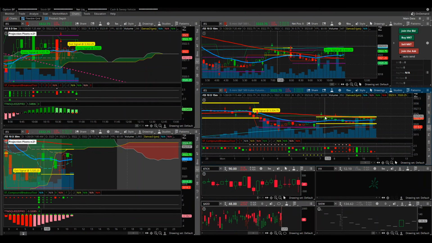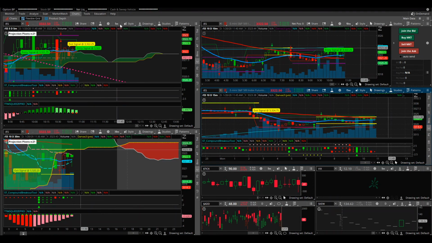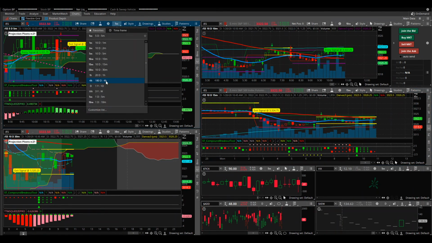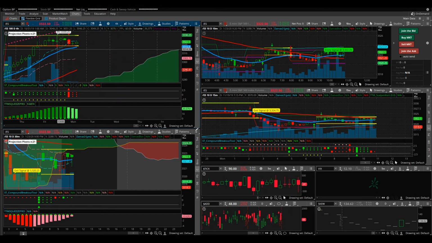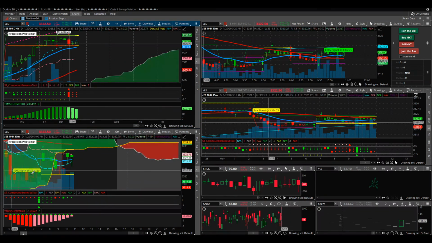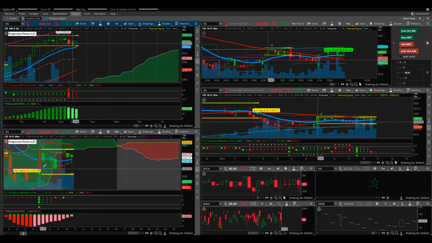So this is typically what I have set up for finding an entry and exit. I won't enter a trade until all of these are confirmed. So for going long, I wouldn't be long ES because it is an exit.